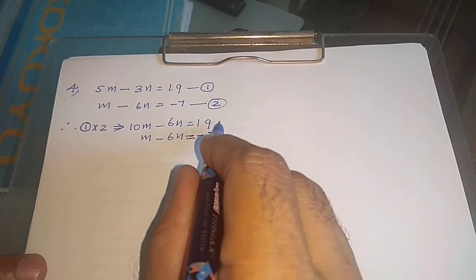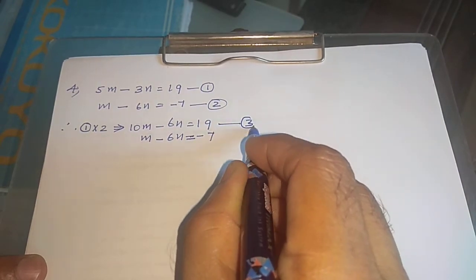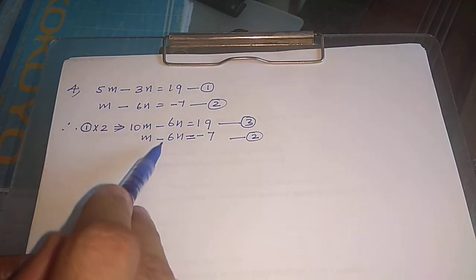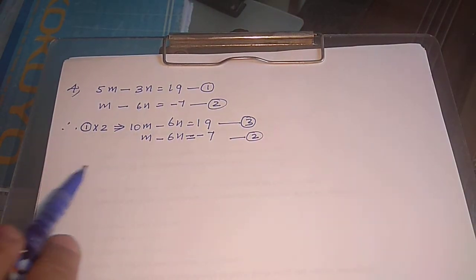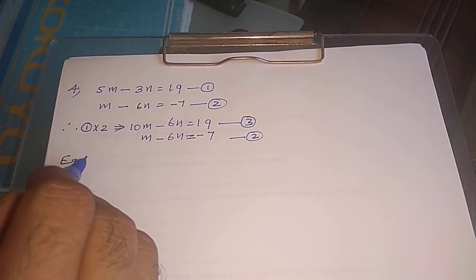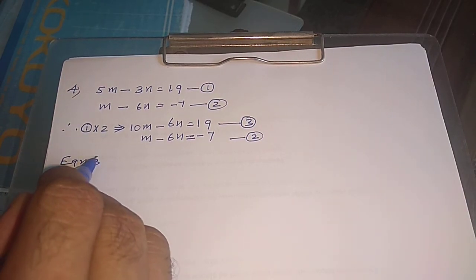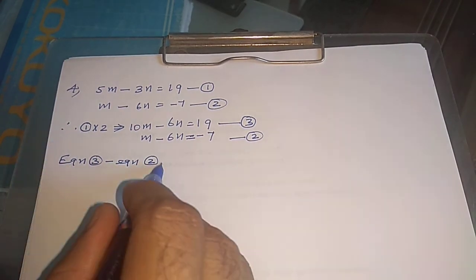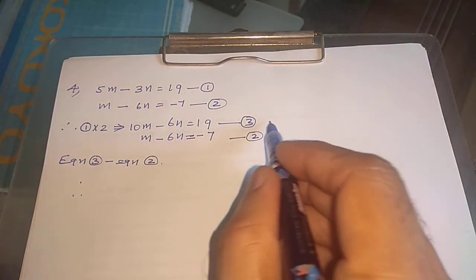Now we subtract. This new equation we call equation number 3, and this is equation 2 only. Both have the same sign, so here we subtract. So this is equation 3 minus equation 2. This gives us what?